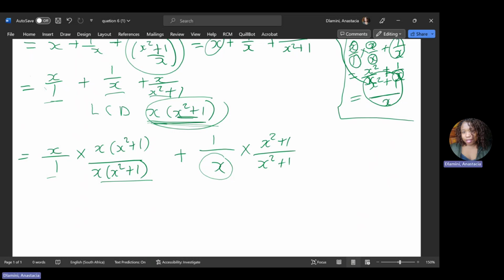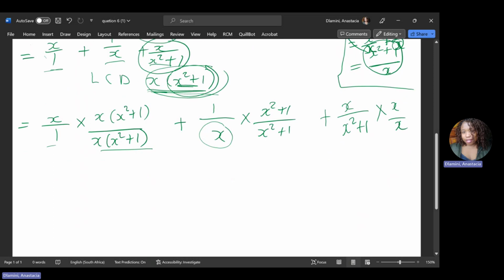Now let's go to the last term, plus x over x squared plus 1. We already have x squared plus 1, but we do not have the x, and we want the denominator to have x times x squared plus 1. So here we'll multiply by x over x. Now let's simplify that.